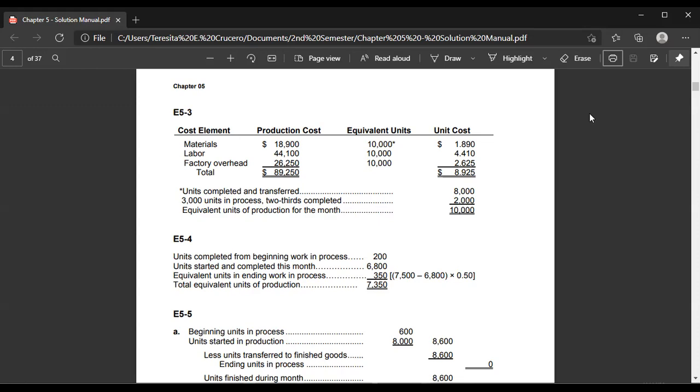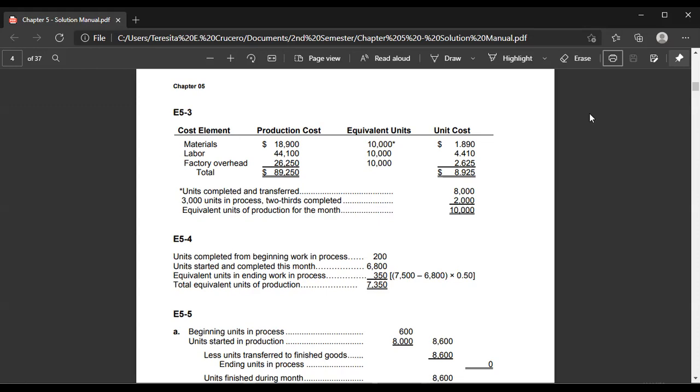So in other words, the total number of units completed during the period is 7,000. That's the sum of the beginning work in process and the units just started. So the units completed during the period is 7,000, out of 7,700 units, the sum of 200 and 75, we have a total of 7,700.